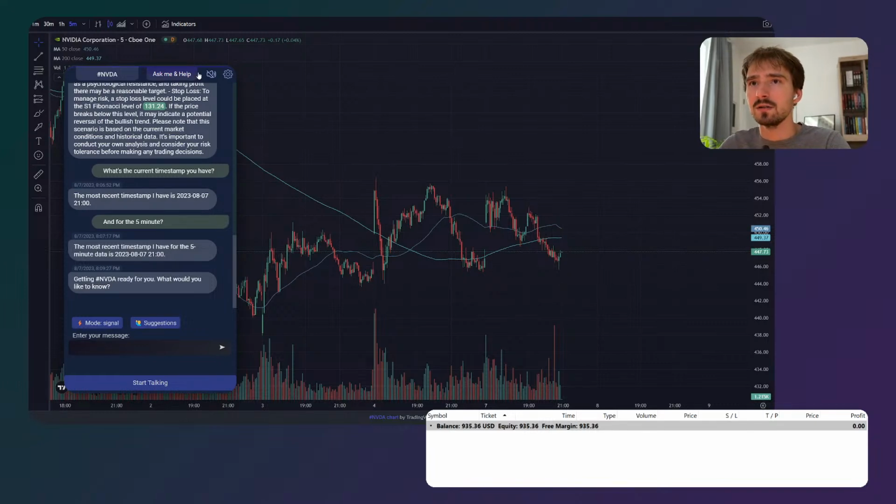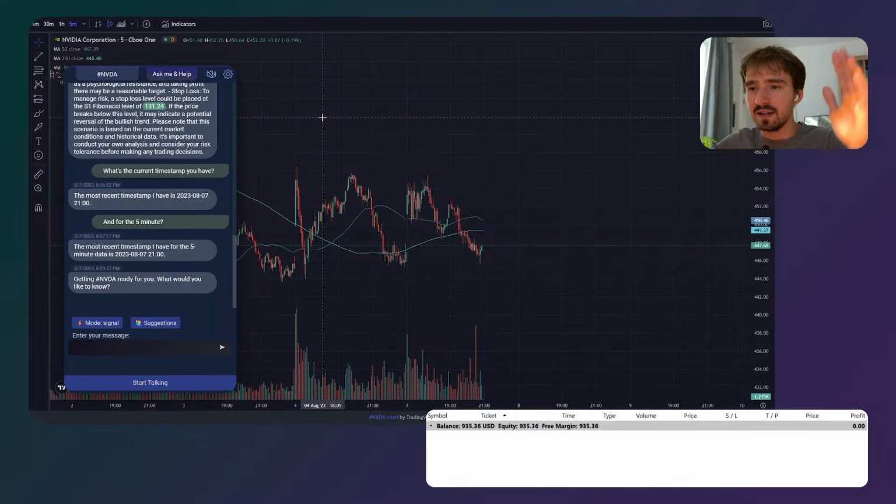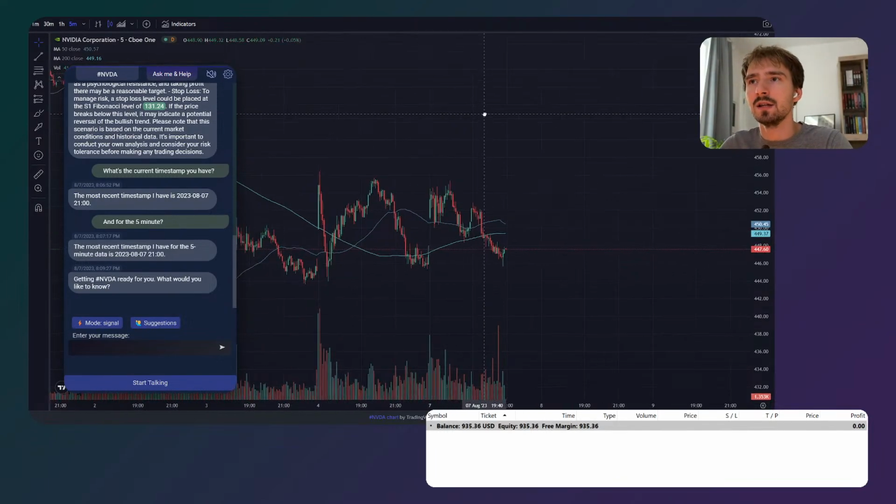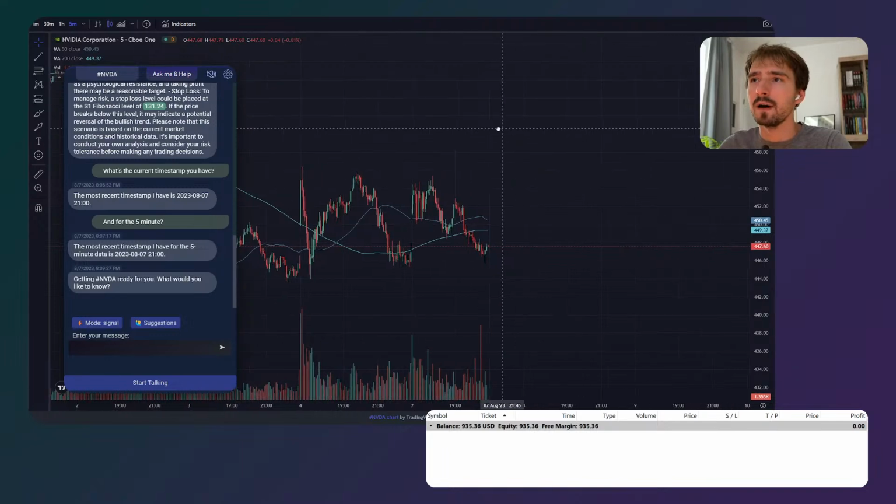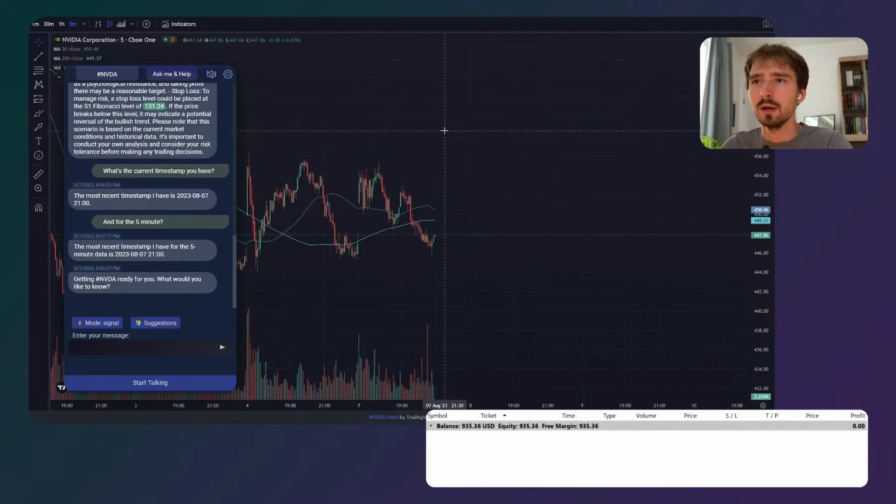So it doesn't make sense to make trades under 5 minutes, or at least have this window. So the AI is real time with a maximum delay of 5 minutes. That should be the rule that's set for the AI.